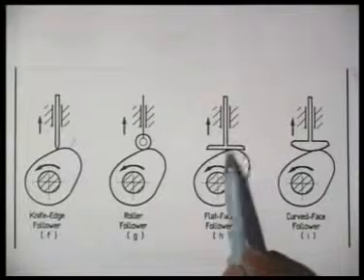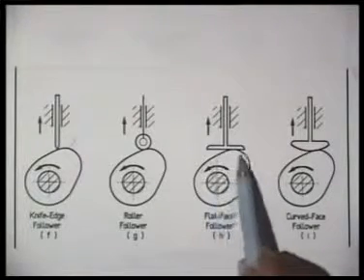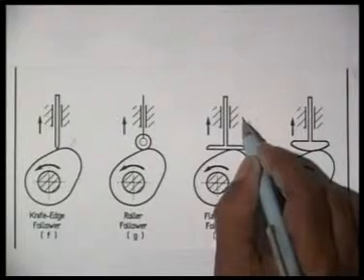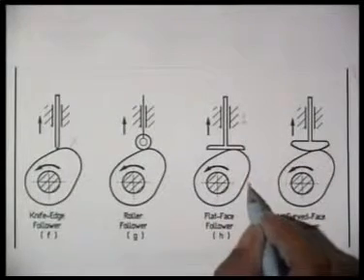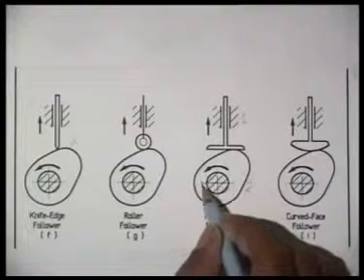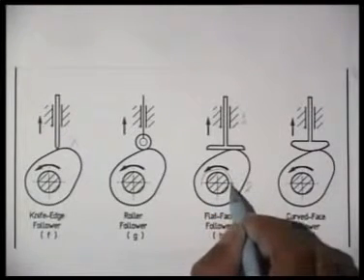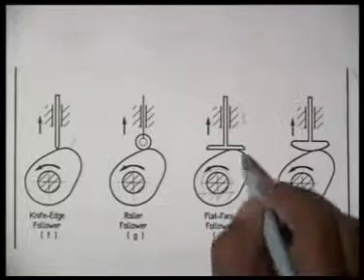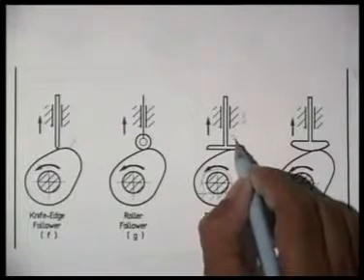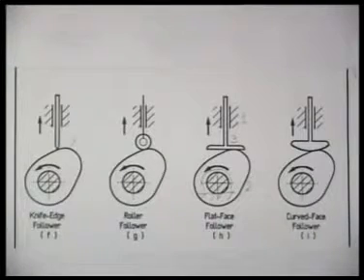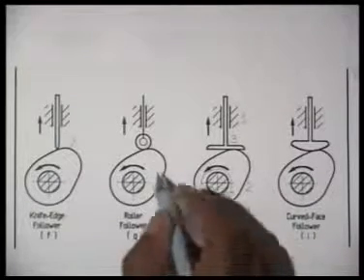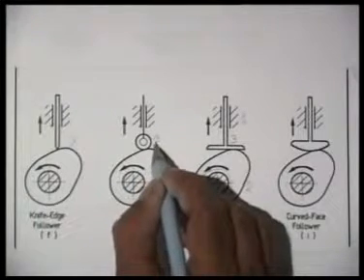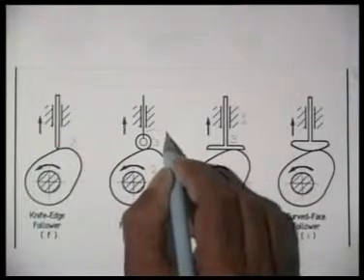But we can use a flat face follower which is directly in contact with the cam surface. So this becomes a three-link mechanism: the fixed link 1, cam 2, which has a revolute pair with the fixed link here. This is the cam shaft in its bearing, and the follower is link number 3. Whereas here we had 2, roller is 3, and follower is 4.